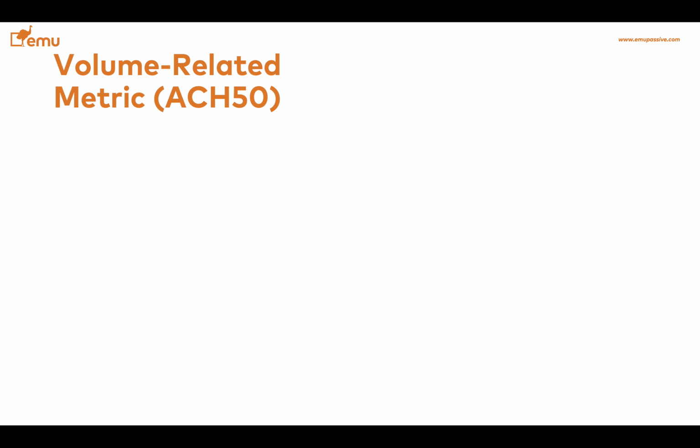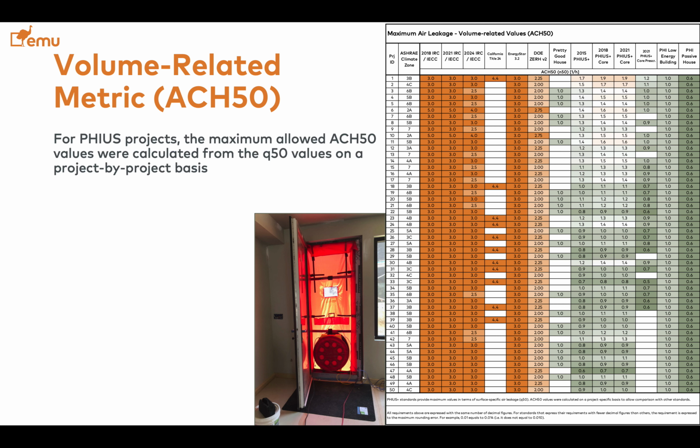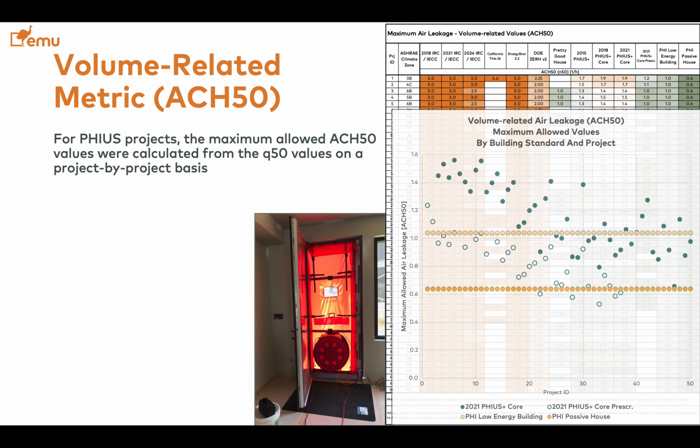Volume-related metric, ACH 50, these are the values calculated for each project. So for FUSE, that does not have an ACH 50 requirement, we calculated the ACH 50 backward from the surface-related values prescribed by each project. This is what it looks like.